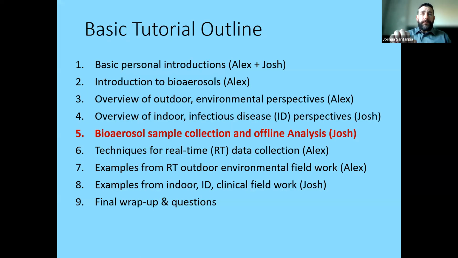And so I'm going to talk about a lot of these sample collection and offline analysis. A lot of times we need these pieces to pick apart this, the pieces of this aerobiological pathway, to understand the sources and the infectious disease portion. We have to collect particles at different times and in different situations.